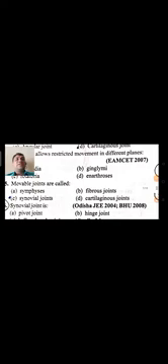Next, coming on to the next question: synovial joint is pivotal joint, skull; hinge joint, knee and elbow; ball and socket joint, shoulder. So here synovial joints are present in all of these options.